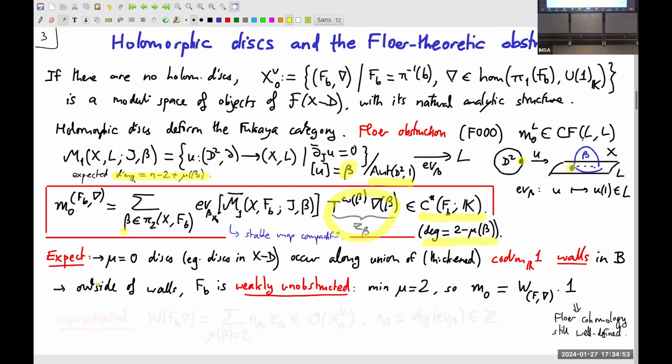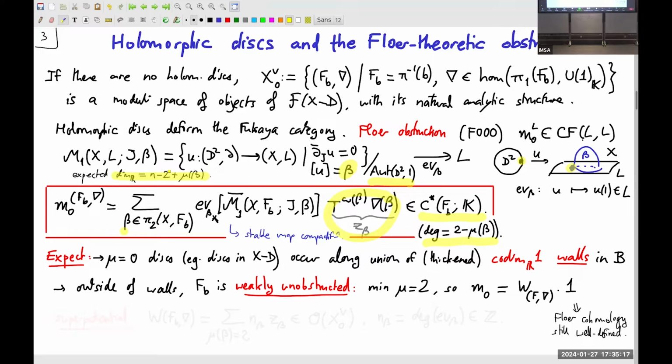And then outside of these walls, we expect, usually, that the fibers are what's called weakly unobstructed. That means they don't bound any disks of Maslov index less than 2. So the only thing that happens is disks that kind of must happen. Maslov index 2 disks, if this dimension formula gives you n, the other things that will have to exist pretty much everywhere.